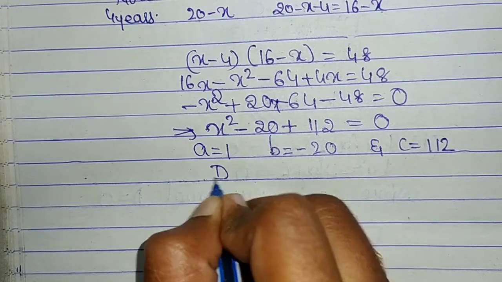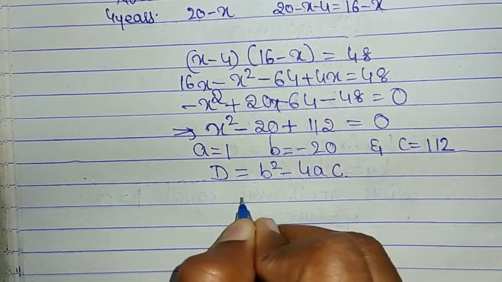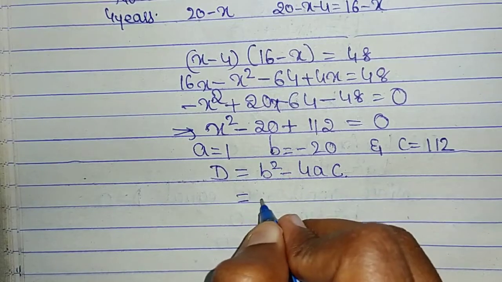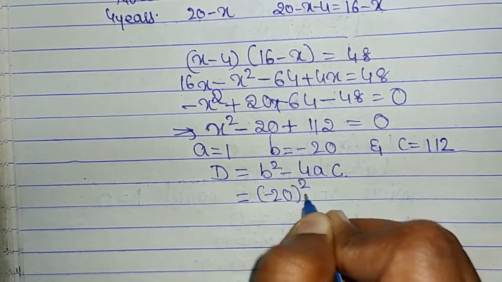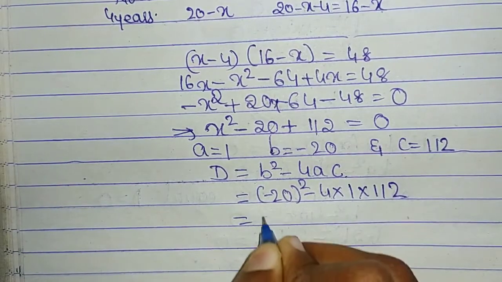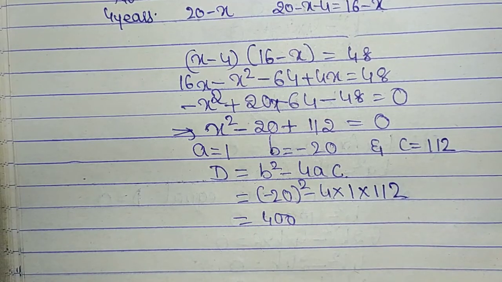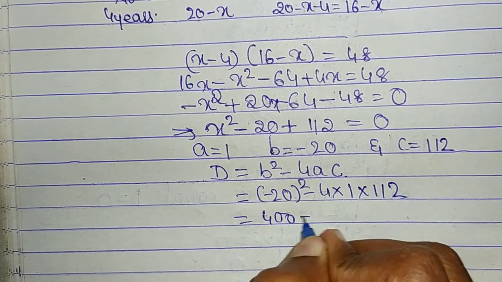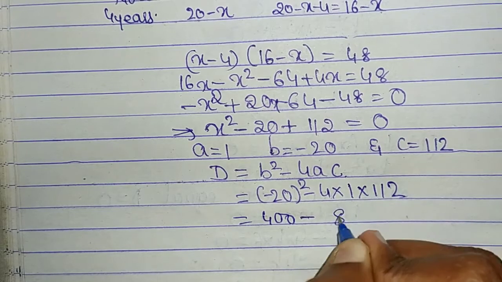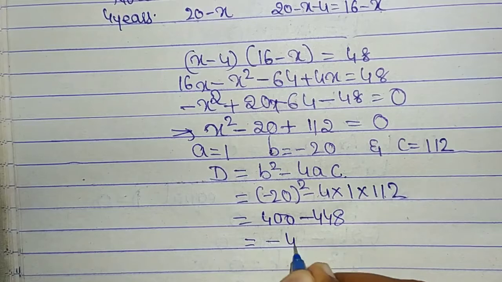The discriminant D is equal to B square minus 4AC, which is equal to (minus 20) whole square minus 4 into 1 into 112. So 20 whole square is 400, minus 448, which is equal to minus 48.